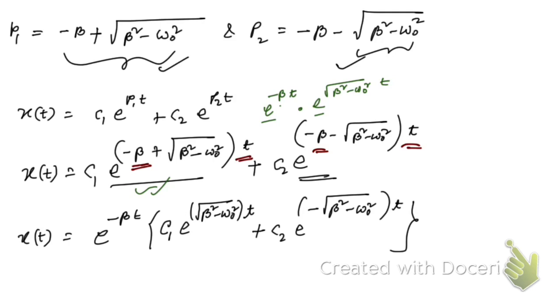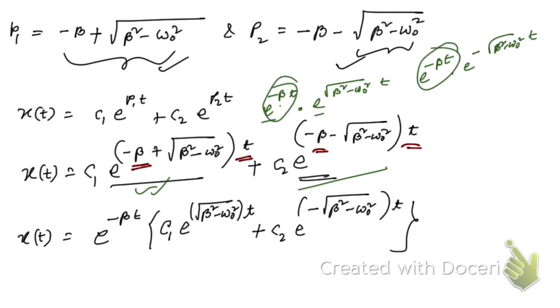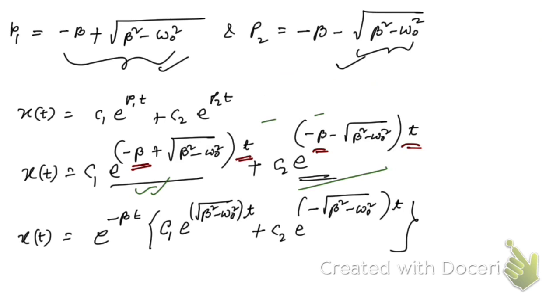Then similarly this can be written as e to the power minus beta t into e to the power minus root over beta square minus omega naught square into t. Here this one is taken common. So on taking common, we have got this expression.